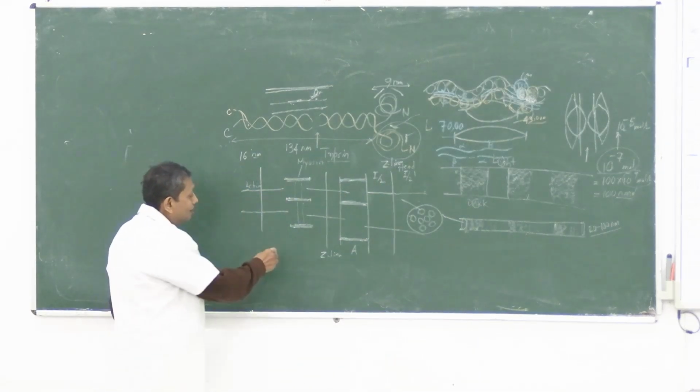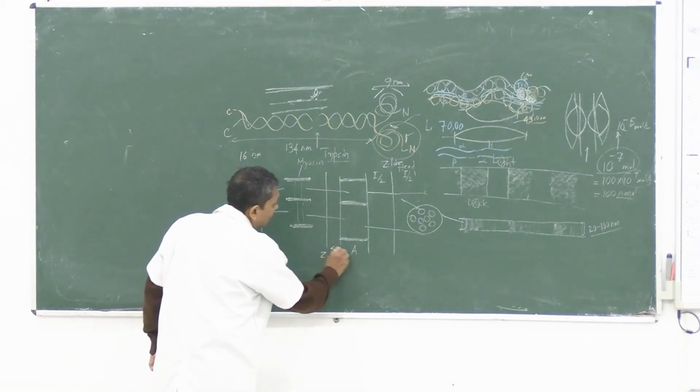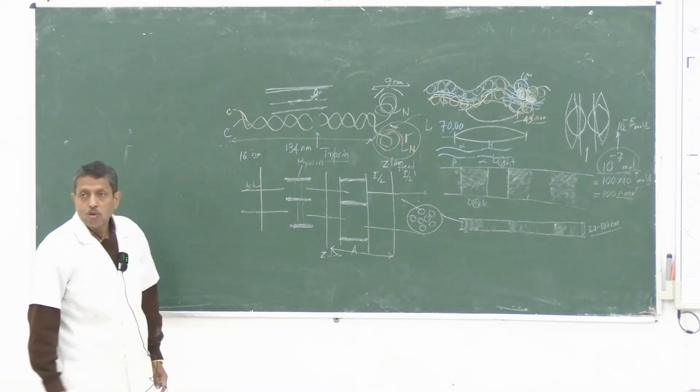Now this gap between the Z lines, this line, is called a sarcomere. It is a functional unit, the sarcomere.